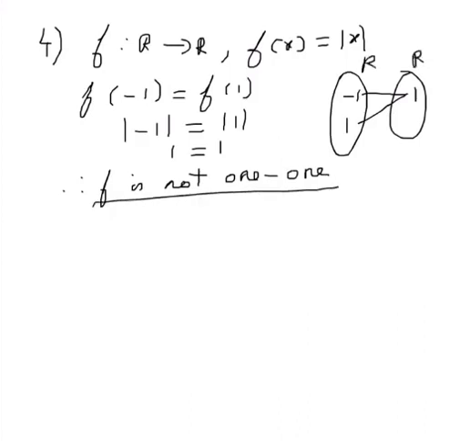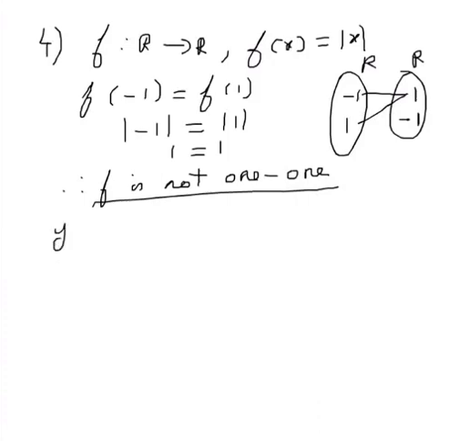Now an onto function. For modulus of x, I know that the answer will be positive. So for negative values, we don't have pre-images. For example, let us take minus 1. The answer for this modulus function never takes a negative value. So give one counterexample.